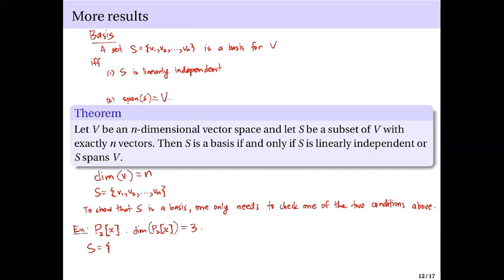We have, let's take 1, and then let's take 2 minus x, and then let's take x plus x squared. So the dimension of P2 equals 3. S has 3 elements. To show that S is a basis or not, we only need to check one of these two statements here. Okay? So choose which one is easier to show.